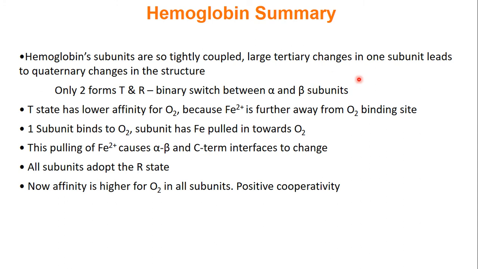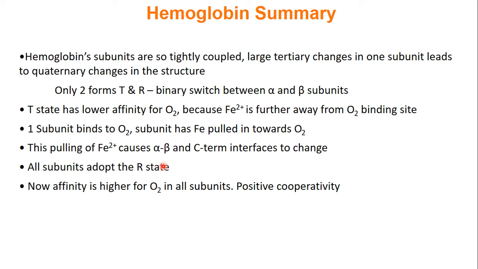Now the T state has lower affinity for oxygen, mainly because the iron is farther away from oxygen. So it's less energetically favorable for that oxygen to bind than in the R state, where the iron is closer to the oxygen. Now when iron moves into the ring, you have this alpha-beta switch that we saw in the previous slide, and your C-terminal ionic network is changed.